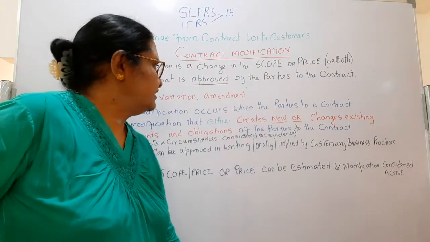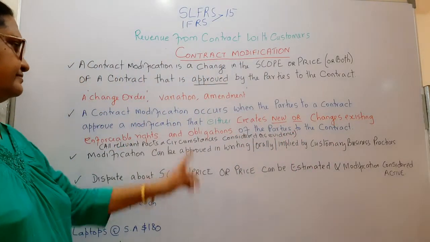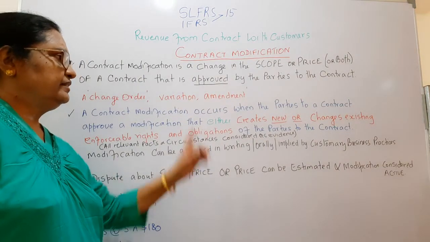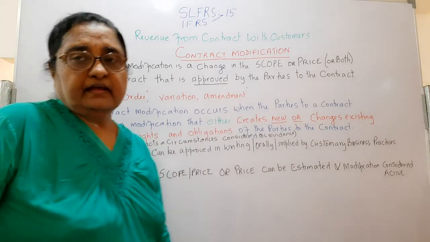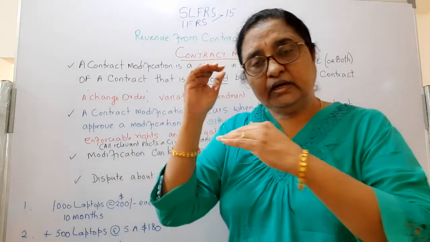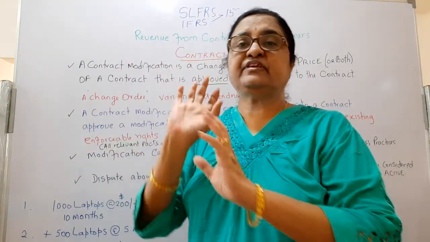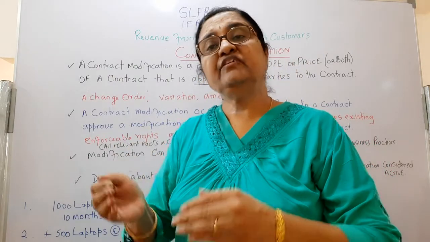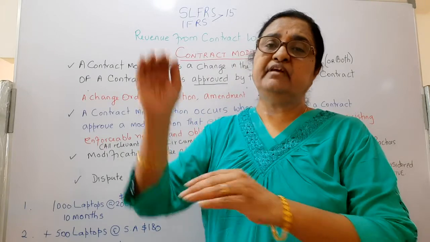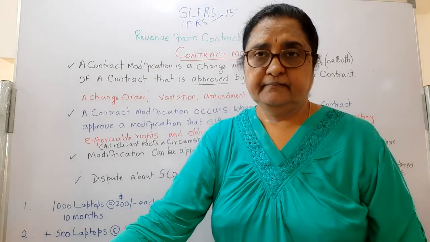So the modification occurs when the parties to the contract approve a modification. Not only the original contract must have been approved, the contract modification also should be approved in the same way as the earlier contract.